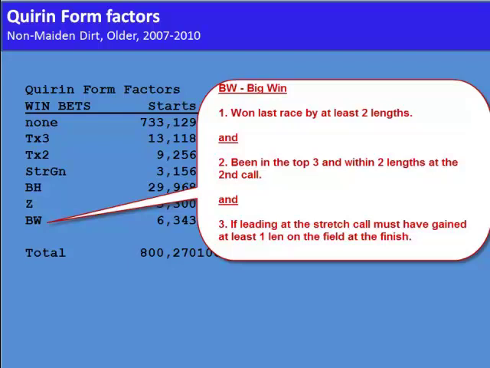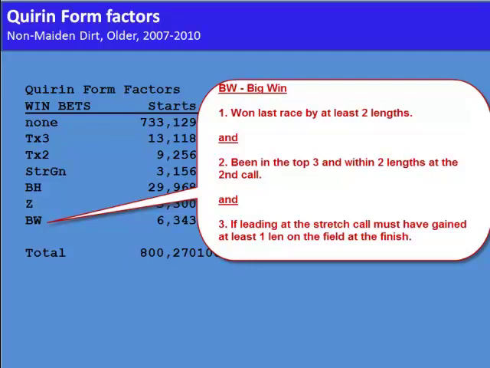And finally, if he was leading at the stretch call, if he was the actual leader in mid-stretch, he must have gained at least 1 length on the field between there and the finish. So what we're looking for is typically a presser, and it's a horse that presses and then draws off in the stretch.